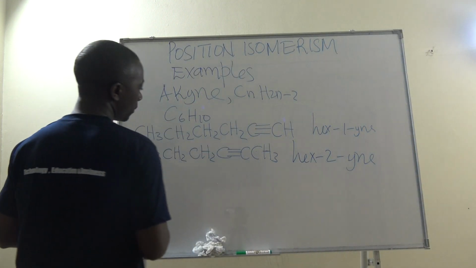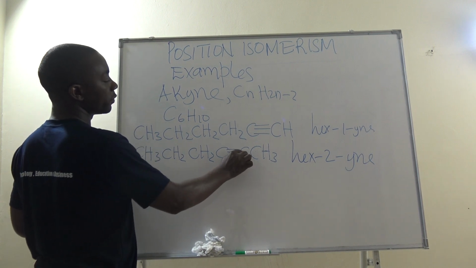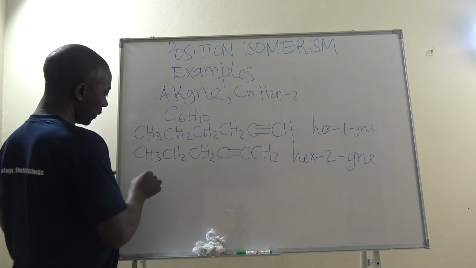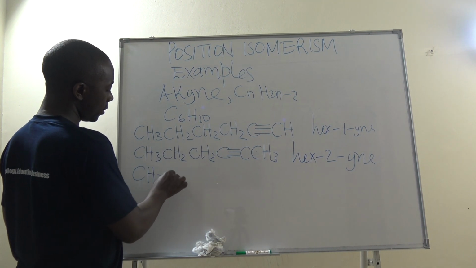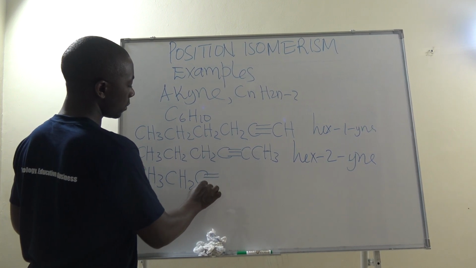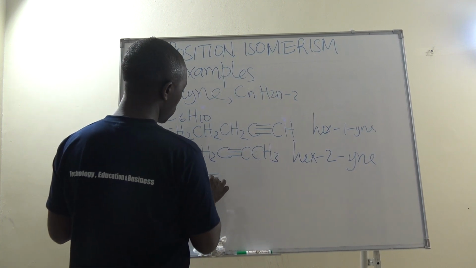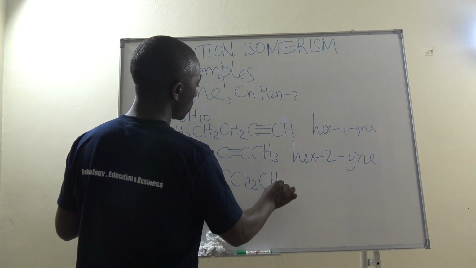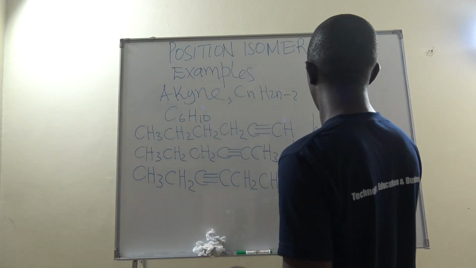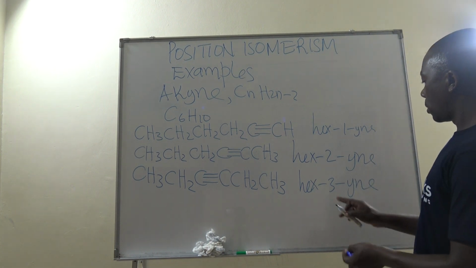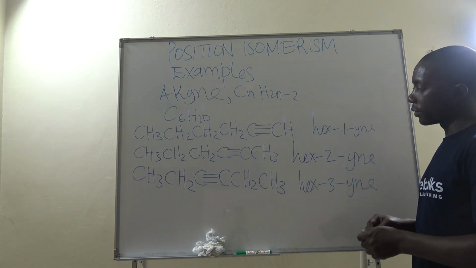That is the position isomerism. Now, suppose this position of the functional group now changes from the second carbon to the third carbon. Take an example, we have CH3, CH, and we get hex-3-yne. 3 means the position taken by the functional group.